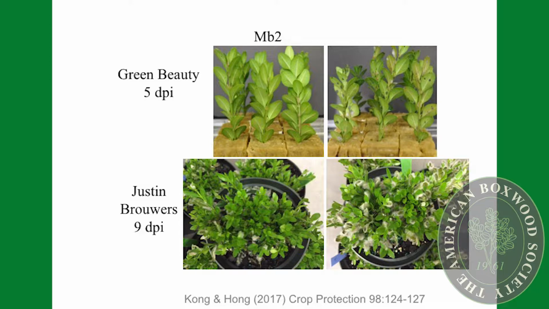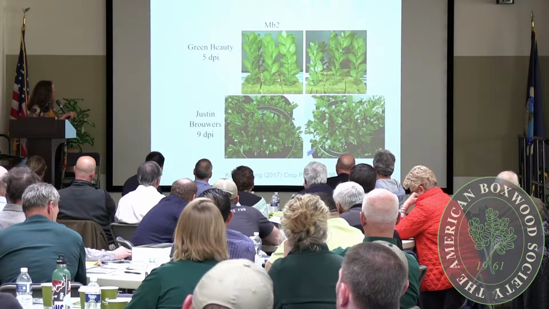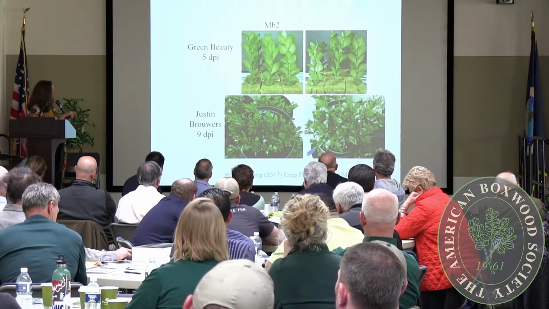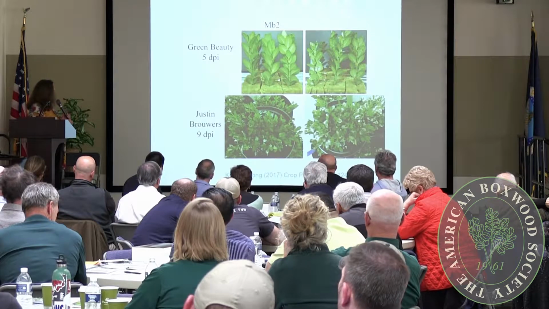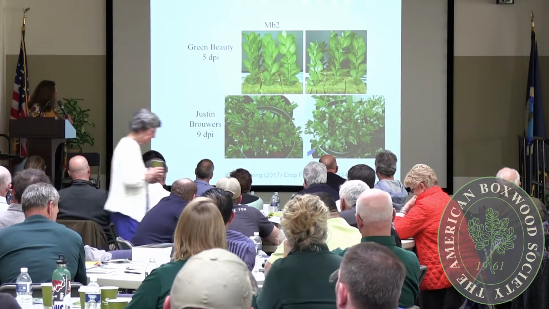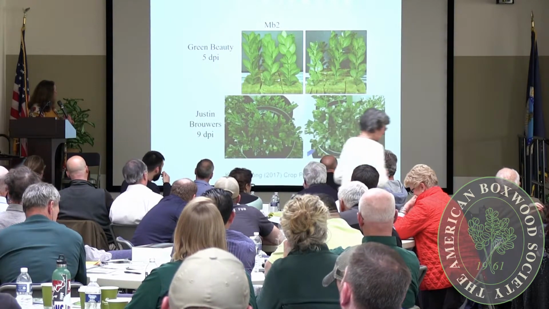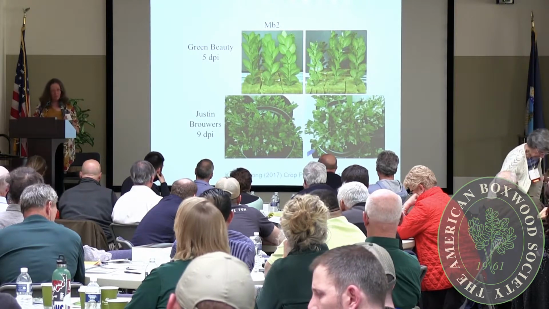Here you've got plants that were looked at 5 days after the inoculation took place with the pathogen, and the ones that were treated with the isolate of Trichoderma are looking pretty good here, and you're already starting to see little leaf spots showing up caused by the Calonectria where there was no biocontrol present. And down here on the Justin Browers, you have plants that are looking relatively healthy and ones that are starting to show a lot of leaf symptoms when they were not protected by the biocontrol.